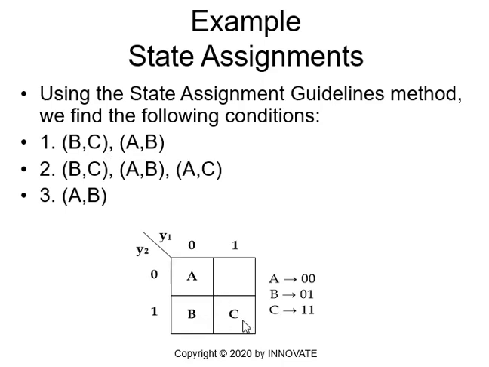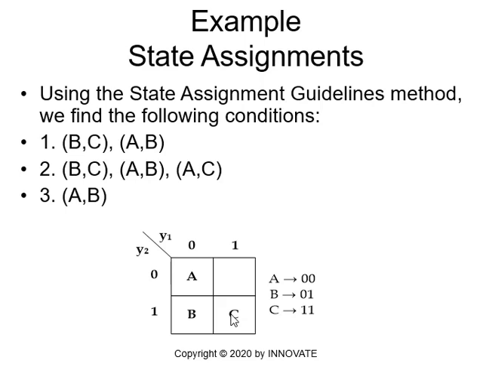So I met BC and AB from guideline 1, and I met BC and AB from guideline 2, and I met AB from guideline 3. I cannot meet AC because they are diagonals, so they are not adjacent to each other.